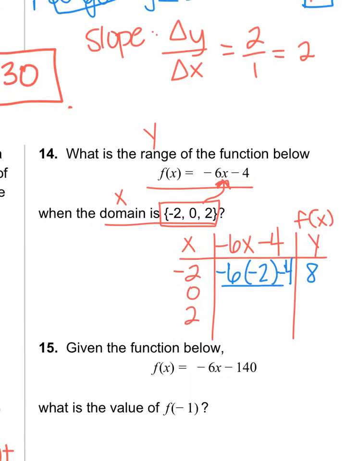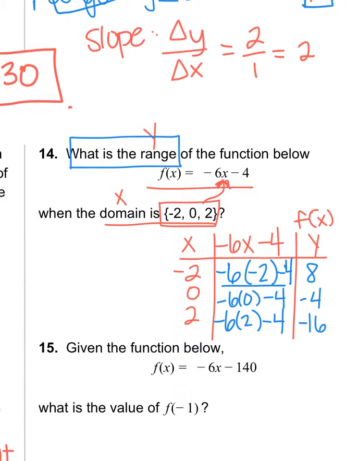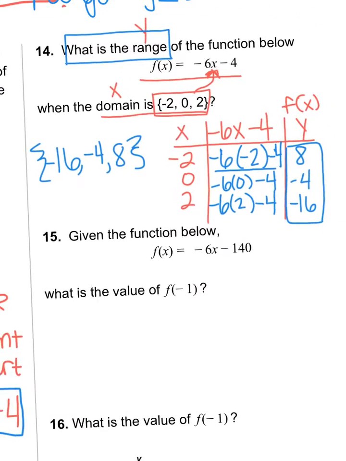Remember, you can put this part in the calculator. -6 times 0 minus 4, -4. -6 times 2 minus 4 is -16. So the question says, what is the range? So our range is these values that we found on the right side: -16, -4, and 8. So it's like you solve the equation 3 times.